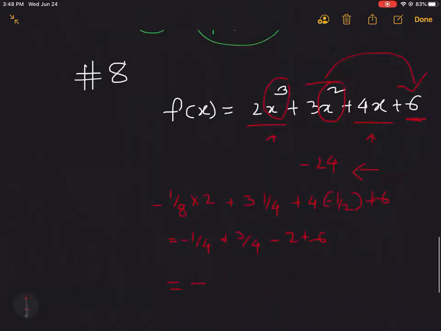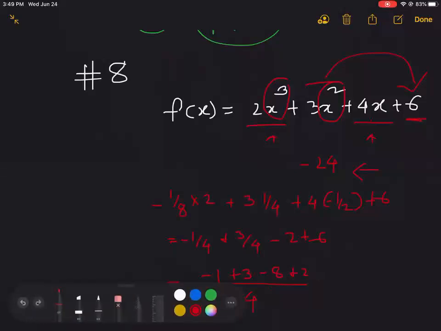So if I add this, -1 plus 3, -8 plus 24. No, it doesn't work either. Okay, 1/4, 3/4, -2 plus 6. No, it won't work either.